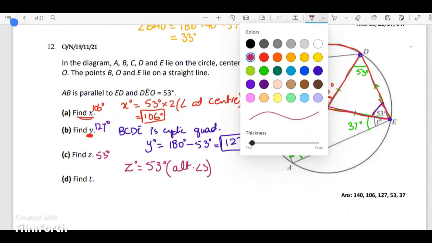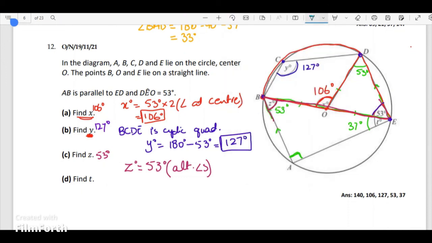Coming towards D, for D we look at triangle ABE, and we said that angle BAE would be 90 degrees because it's the angle made by the diameter.